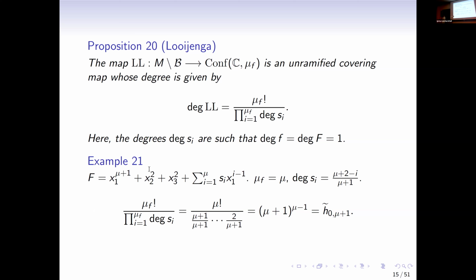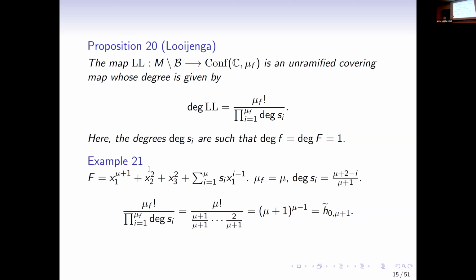I will explain in this example. Starting from this polynomial of type A mu, we can consider adding these monomials for the universal unfolding. In this case, mu f is nothing but this mu. By this rule, we can easily calculate the degree. It's given by this. By calculating this number, we can easily see that this is mu plus 1 to the power mu minus 1.